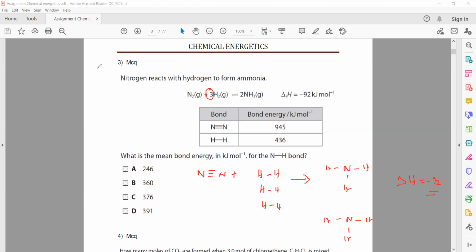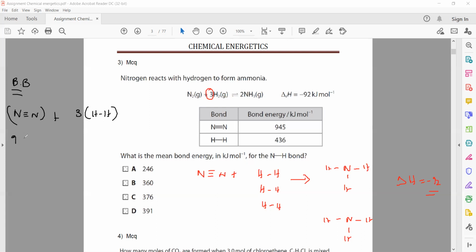So simply the formula is bond breaking minus bond forming is equal to energy change. Bond breaking, I'm writing in short BB. So what are the bonds we are breaking? Nitrogen, nitrogen triple bond is there, and 3 of the hydrogen, hydrogen single bond.